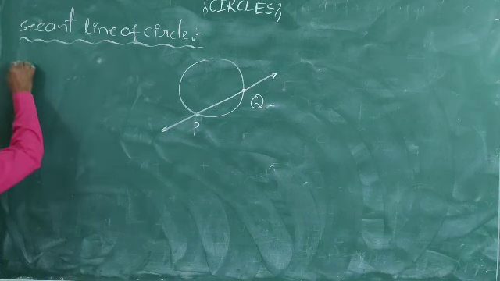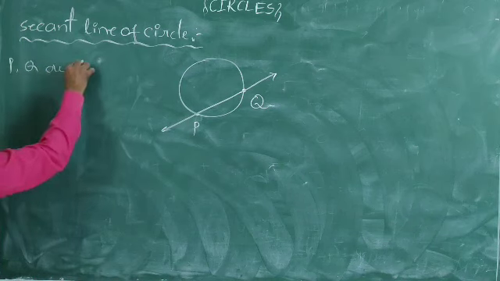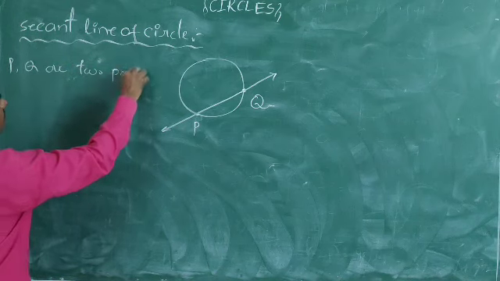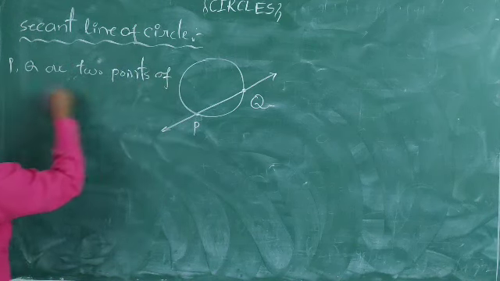So very clear. P, Q are 2 points of the circle.